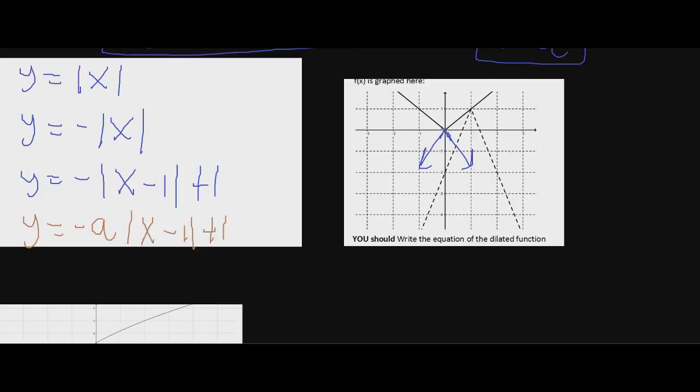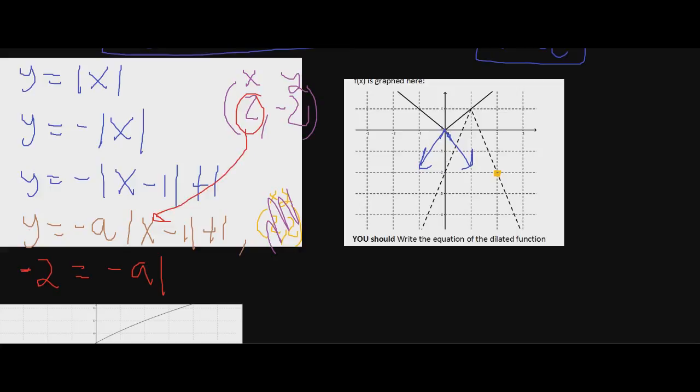First thing I'm going to do is pick a point. Let's choose when x is 2, my y value is negative 2. So when my x value is 2, my y value is negative 2. I'm going to pick that point there. Now I'm going to plug it in. Down below here, we're going to plug in negative 2 for y. We have negative a times the absolute value of, plugging in 2 for x, 2 minus 1, plus 1.